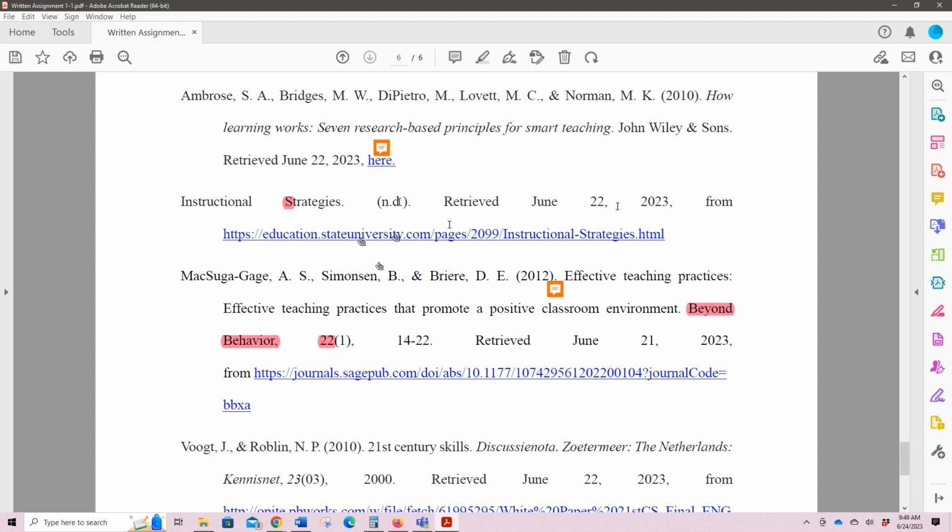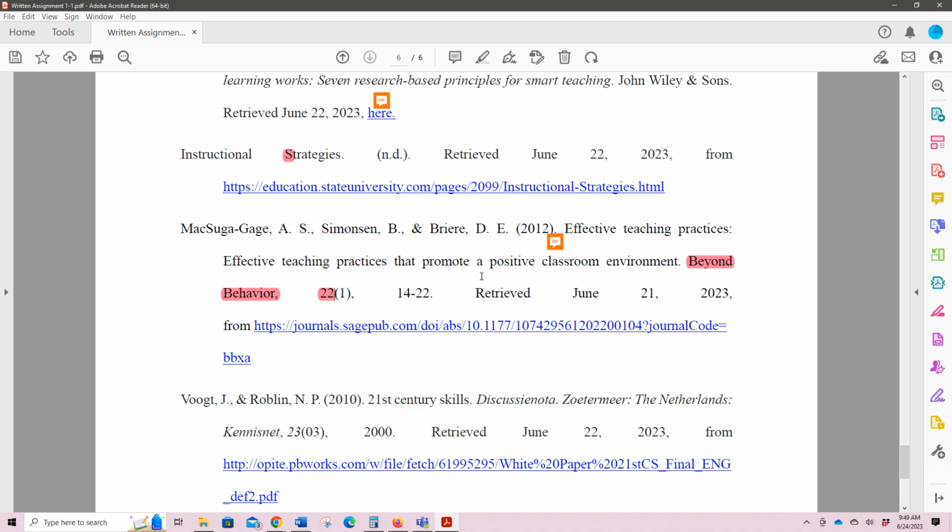So you use retrieved from to say, hey, when I looked this up, here's what it said. I don't know what it says now, but when I looked it up, here's what it said. This is a journal. It's not going to change. The article is permanent. So you don't really need the retrieval date. So, I personally would not have included that.